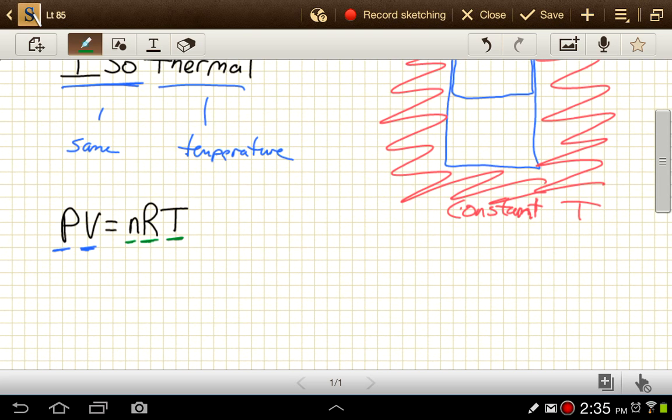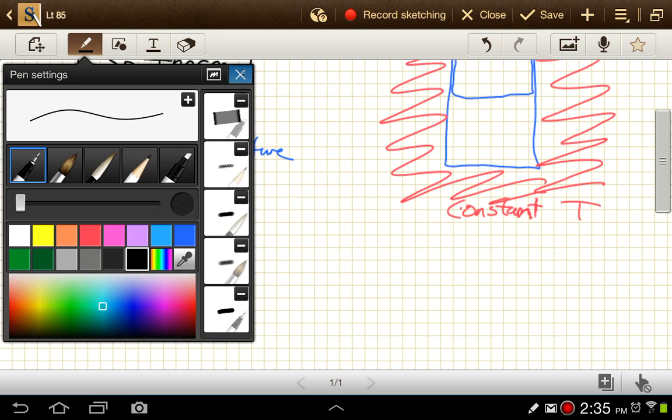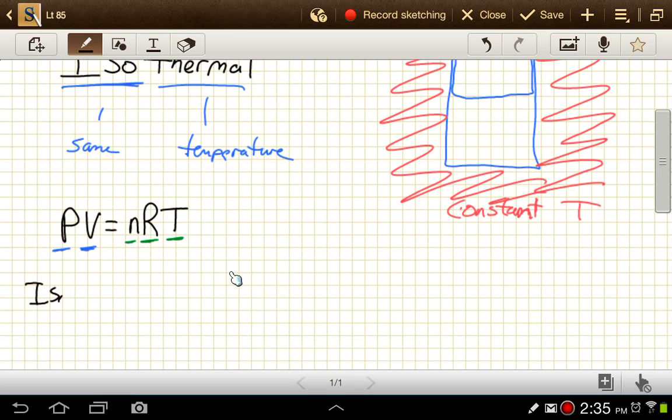So for the case of isothermal expansion or compressions, we can just write out that PV is going to be equal to some constant value. Or we could write that as P1 V1 equals P2 V2. And so as this thing compresses, as our piston comes down, we can see that the volume would decrease.